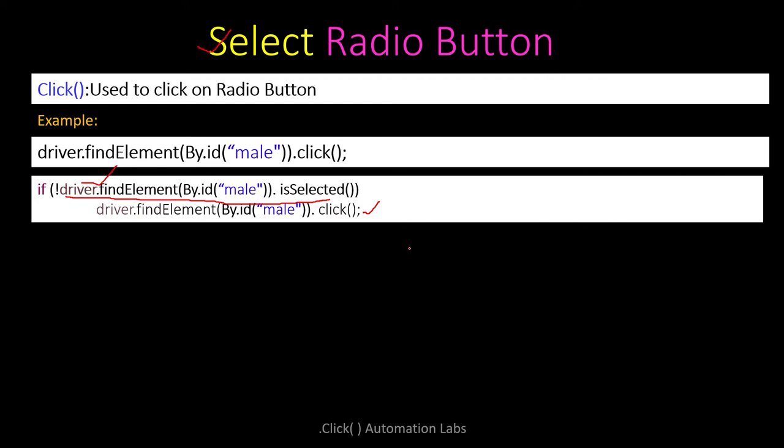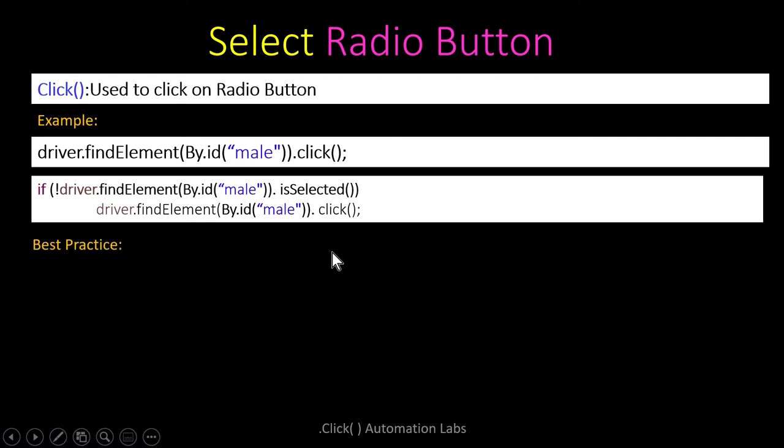What happens if it is already selected? We don't need to do anything on that if it is already selected. We want to click on this only if it is not selected. So for that I used a conditional operator over here. If not selected, then click it, so that the radio button would be selected by the click action.